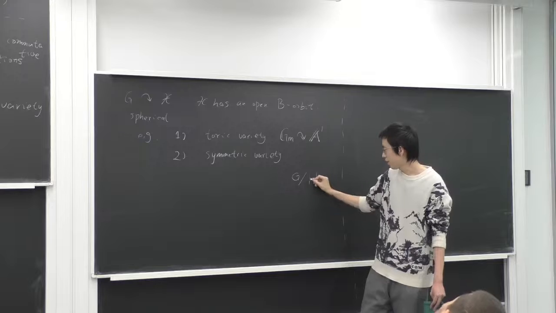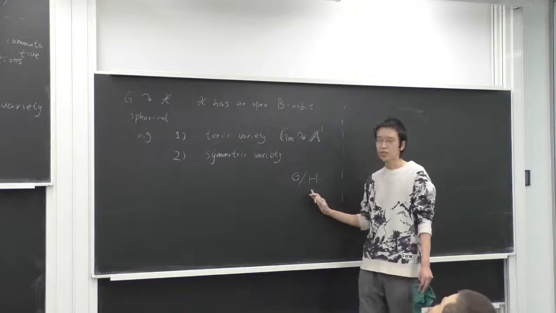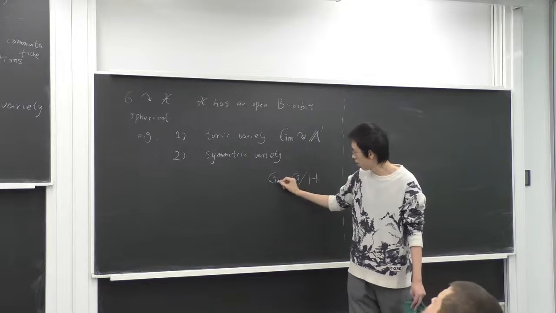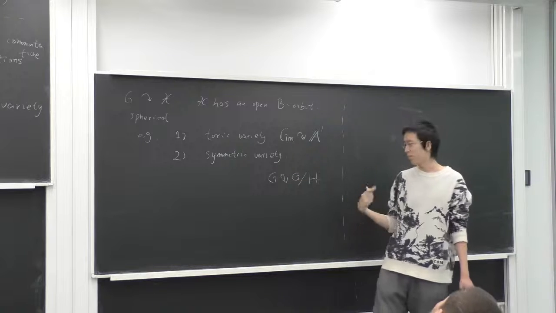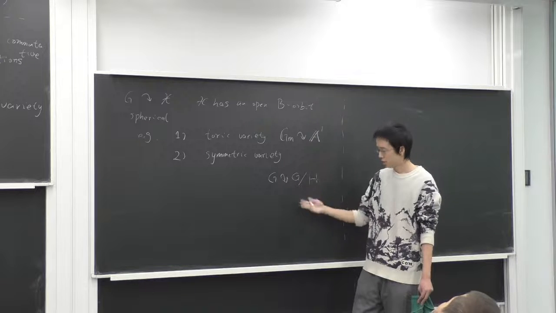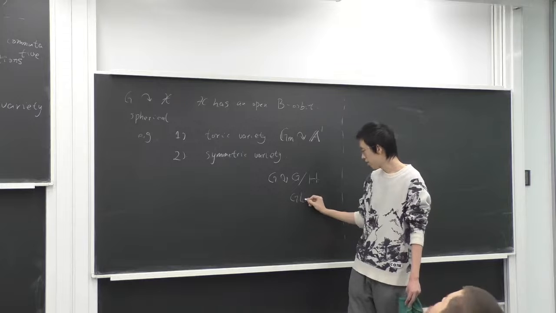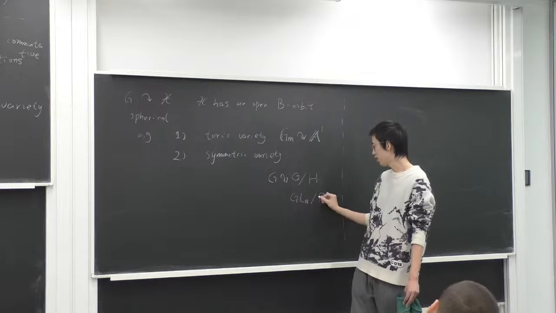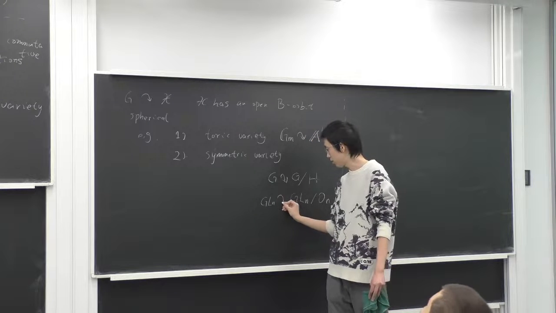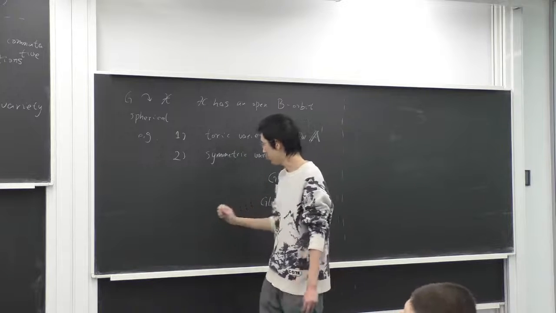You denote by H the involution fixed subgroup. And then you consider the quotient space G/H. There is an action of G on G/H, which is given by left multiplication. Through this way, you can get a G-spherical variety. For example, if your G is GL_n, and you take your H to be O_n, then it gives rise to an example of a GL_n-spherical variety. So that is the example of a symmetric variety.